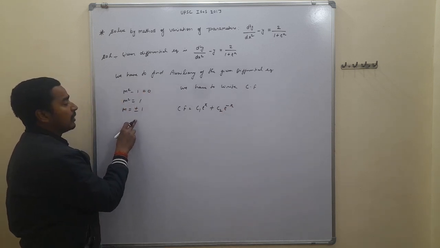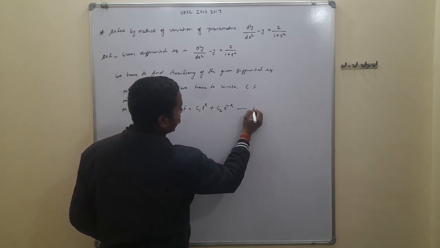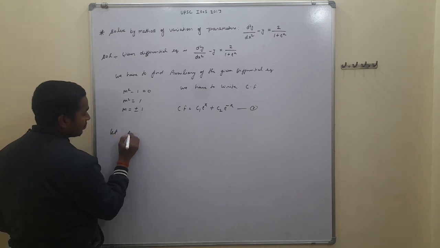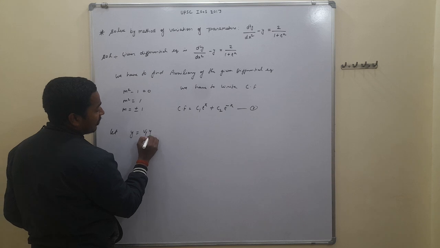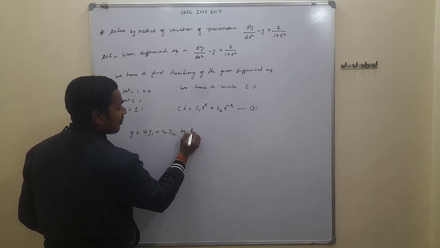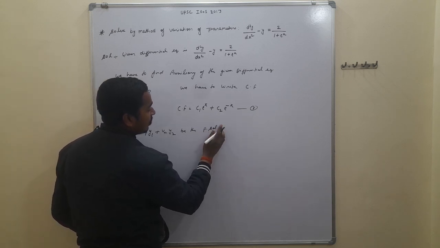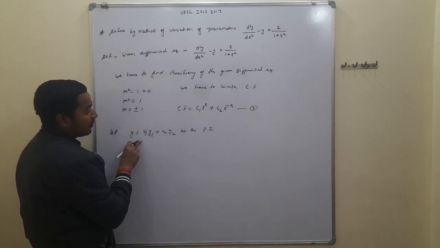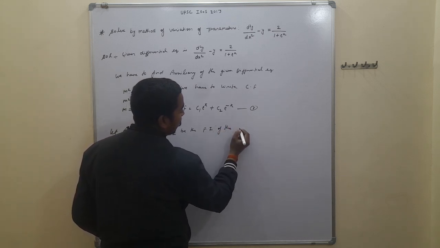Here the roots are plus minus 1. Let this be equation 1, and further let y is equal to v1 y1 plus v2 y2 be the particular integral of the differential equation.